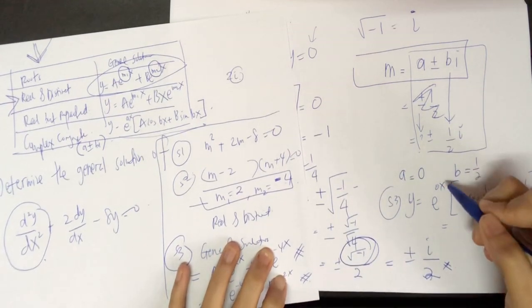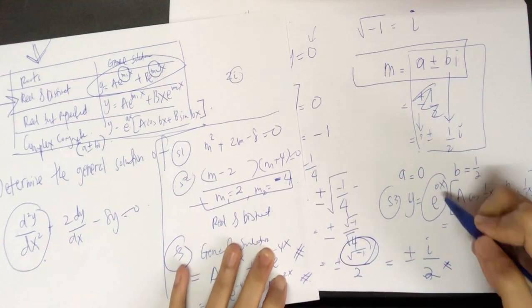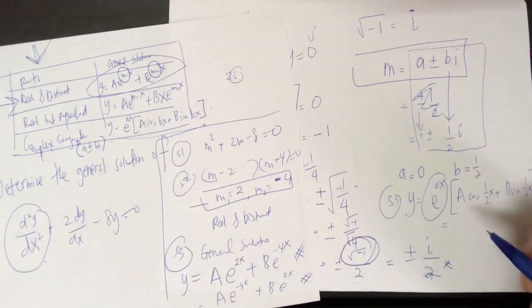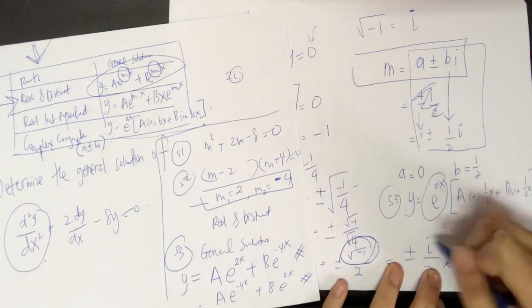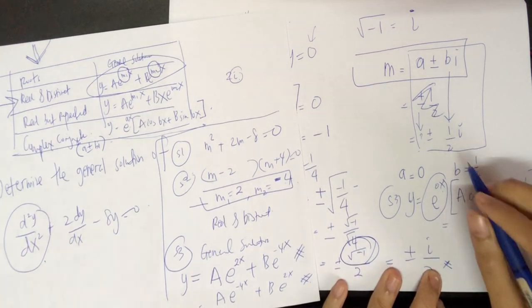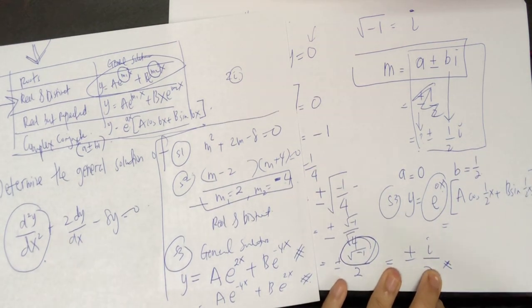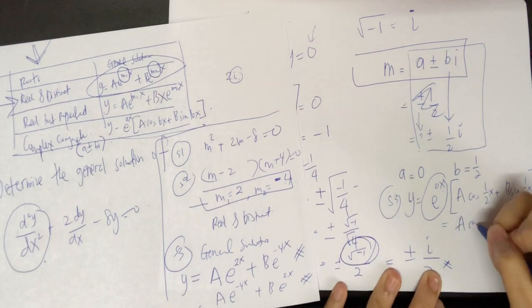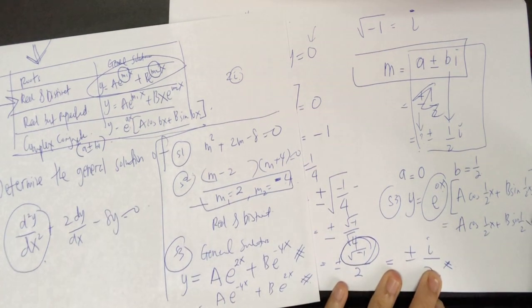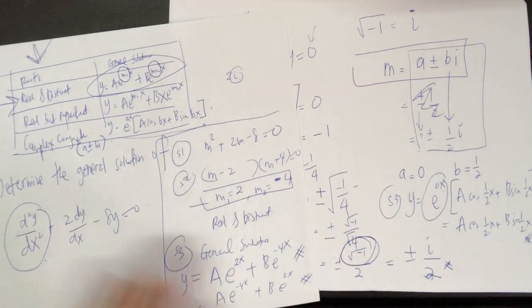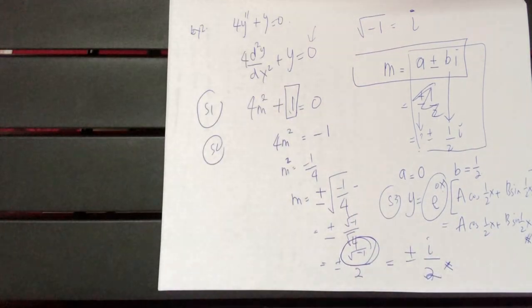If you use a calculator, e power 0 is equal to 1. So no need to write your e to the 0x, because e power 0 is 1. So your answer just remains like this. So this is how we solve for homogeneous.